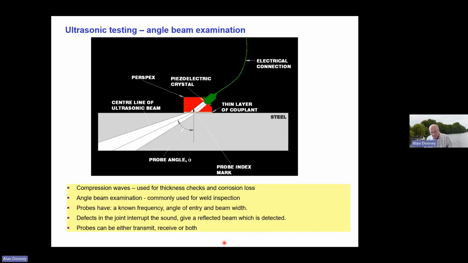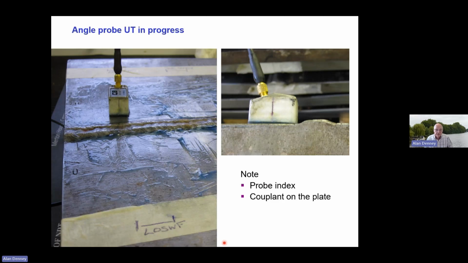Now, in reality, probes can either transmit, receive, or do both. But for traditional weld inspection, you're talking about transmit and receive. So that's it again. You've got a probe there, you've got a weld there, and the probe is being pushed. That probe has got an index, which you can see clearly marked.